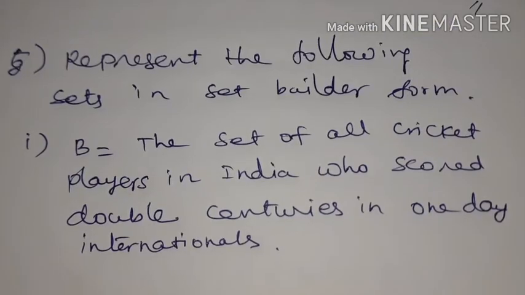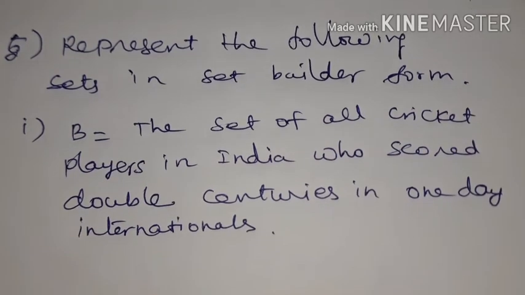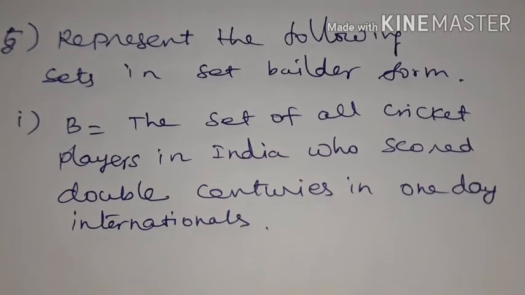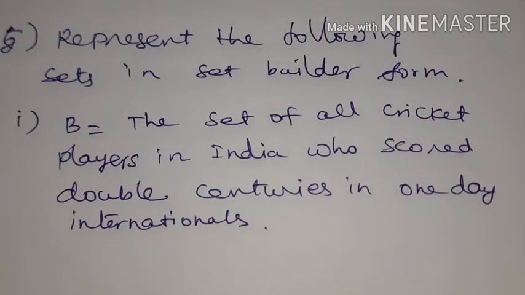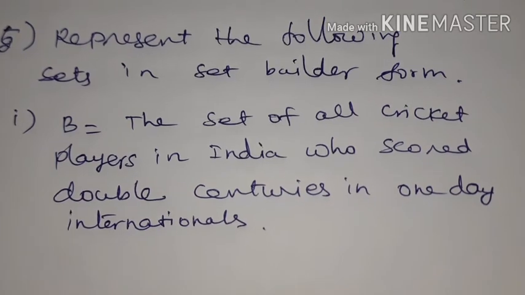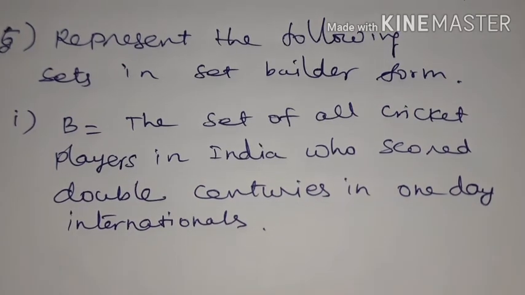Fifth sum, represent the following set in set builder form. Set B is equal to the set of all cricket players in India who scored double century in one day international. So here descriptive form is given. We want to change to set builder form. Set builder form means all the elements described by a rule.